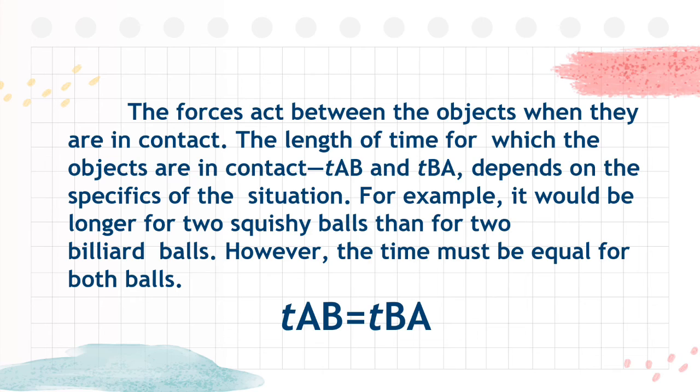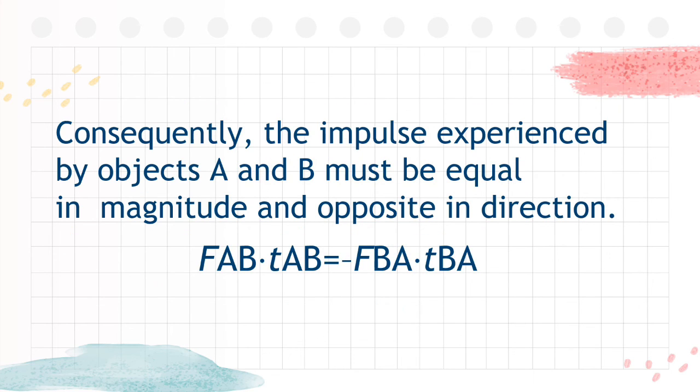However, the time must be equal for both balls: time on A due to B equals time on B due to A. Consequently, the impulse experienced by objects A and B must be equal in magnitude and opposite in direction. Force of A due to B times time of A due to B equals negative force of B due to A times time of B due to A.